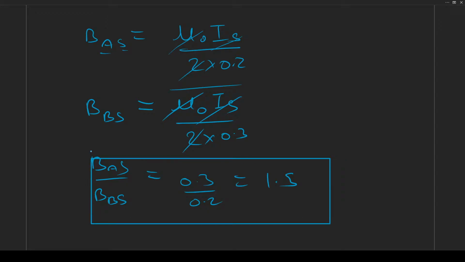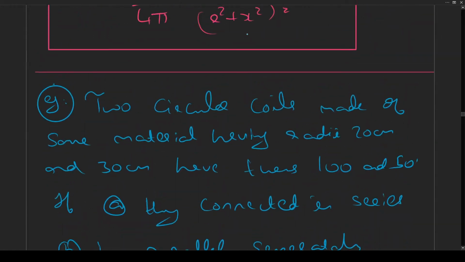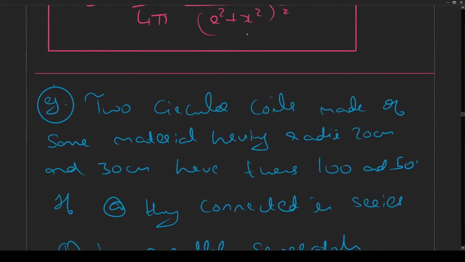This is the first case. Wait a second, I seem to have forgotten about the turns here. The first coil is 100 turns and the second is 50, so it's not 1.5.